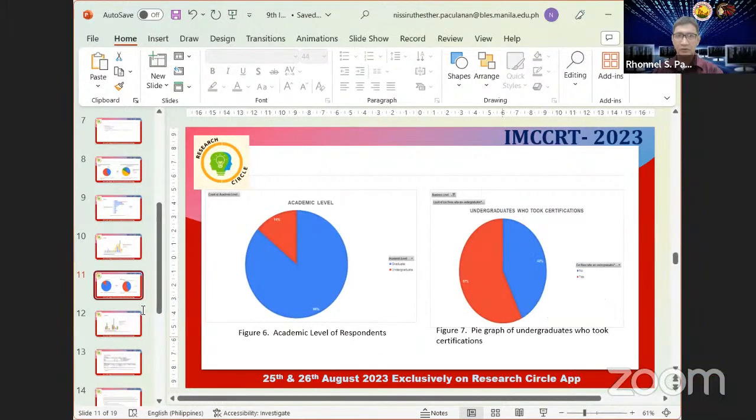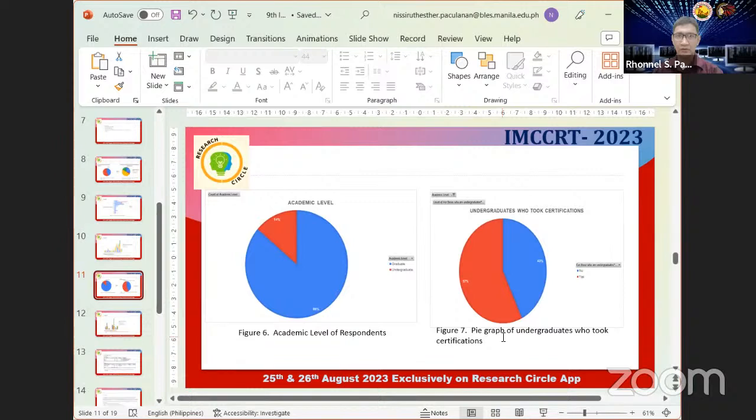Okay, let me continue with figure 7, the pie graph of undergrads who took the certification. According to the graph, 43% of the undergrads did not obtain certification before applying for their first IT-related job. Meanwhile, the remaining 57% pursued credentials in preparation for their first employment.